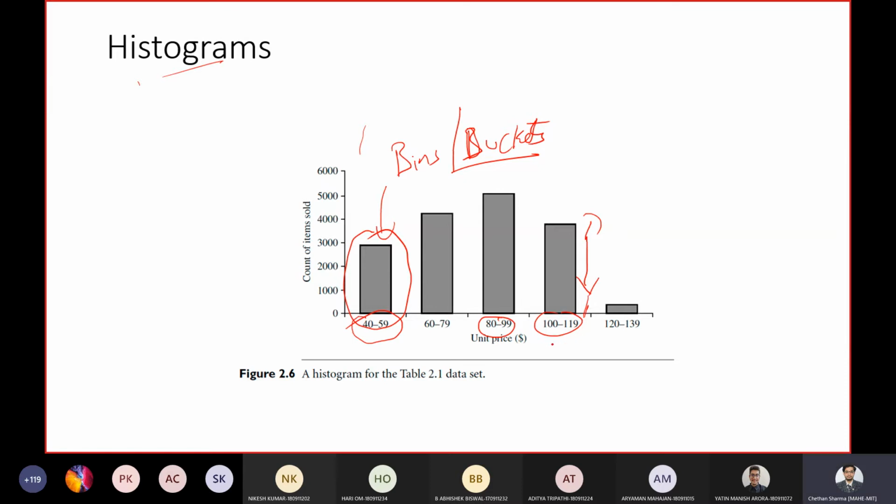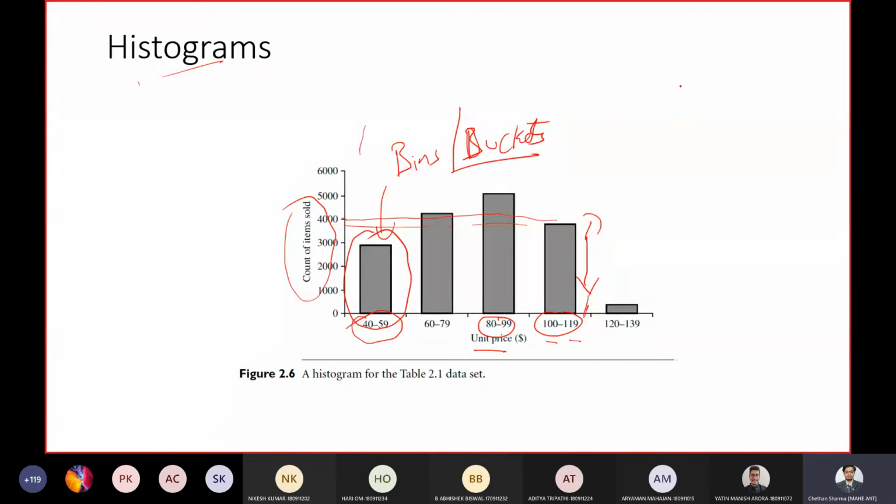So you can tell that if the unit price is between 100 to 110, there are around 4,000, or maybe a little less than 4,000 items sold whose unit price is between 100 to 110. This is straightforward.